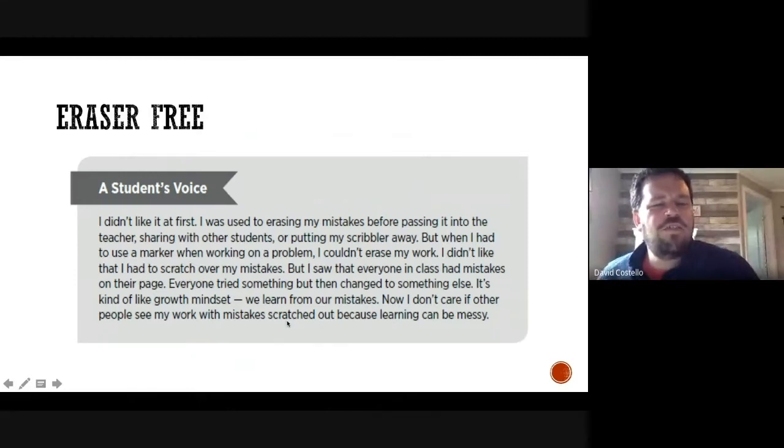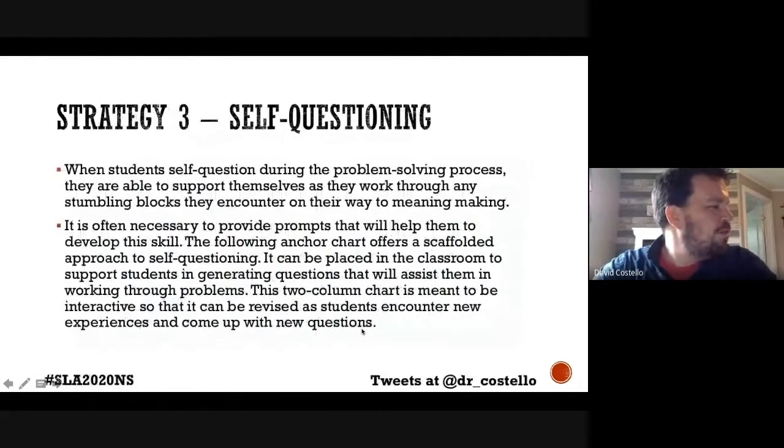I didn't like that I had scratched over my mistakes, but I saw everyone in class had the mistakes on their page. Everyone tried something, but then changed to something else. It's kind of like growth mindset, which a teacher and a school was working on. Now I don't care if other people see my work with mistakes scratched out, because learning can be messy, and how valuable that is.